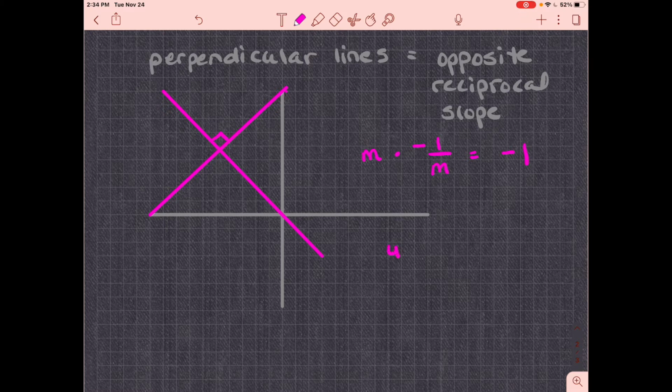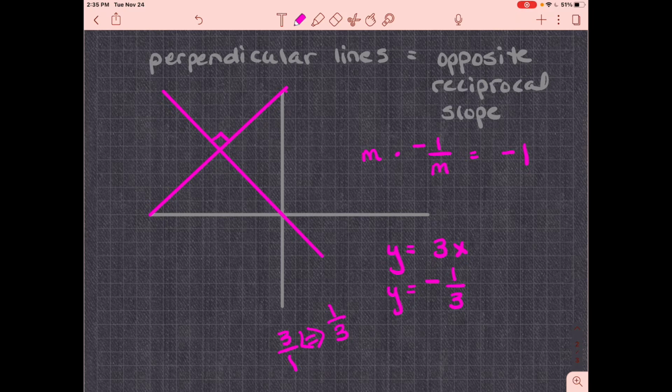Let's say I have y equals 3x. I'm not going to put plus b, let's make it a direct variation. And let's say the other one is y equals opposite negative, right? Because the first one was positive. And reciprocal just means it's going to be turned upside down, right? So 3 over 1, the reciprocal of that is going to be 1 over 3.